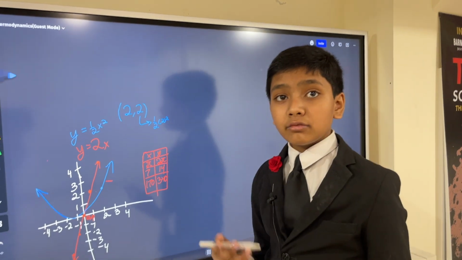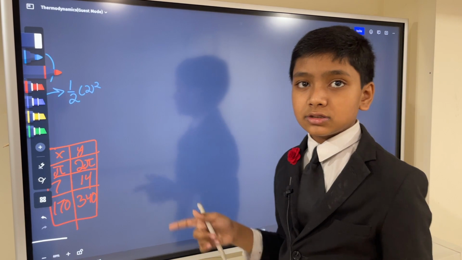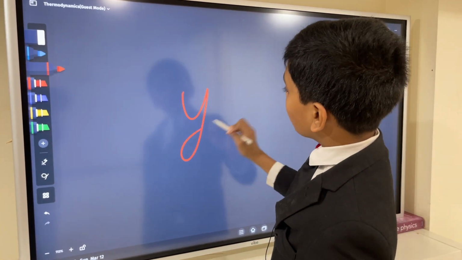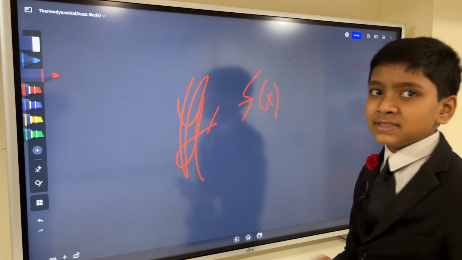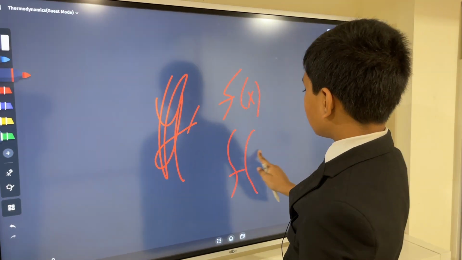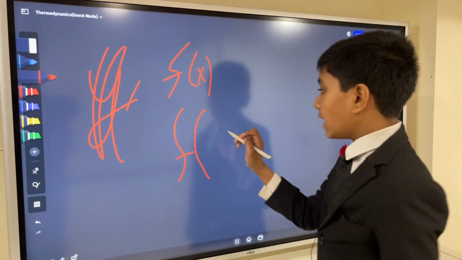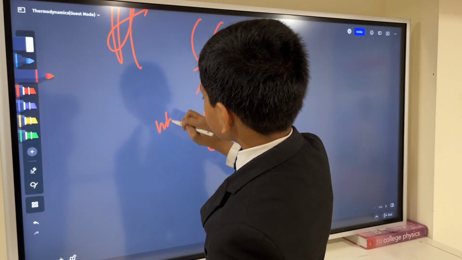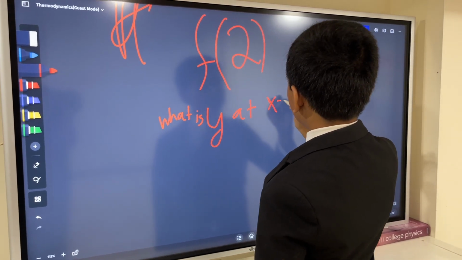Now, how can we actually plug in numbers into functions? You might see functions not just being called y, but also f of x. Don't worry though, this means the same thing. Now what if we plug in something to that x? For example, f of 2 is basically asking what is y at x equals 2.